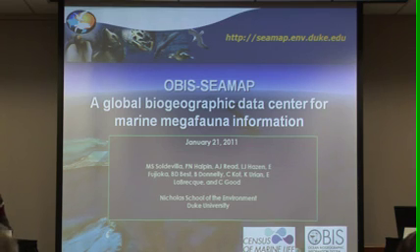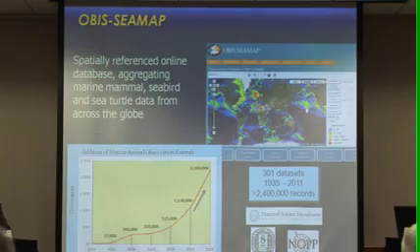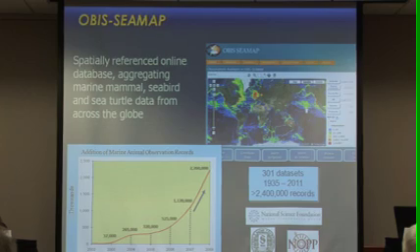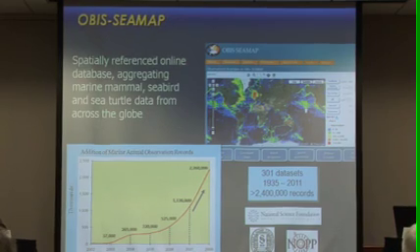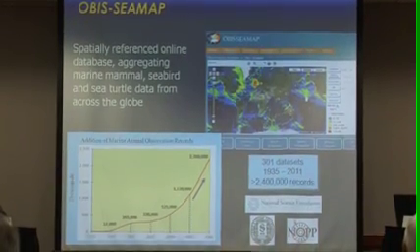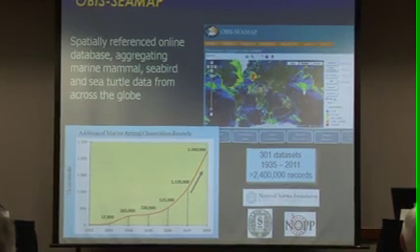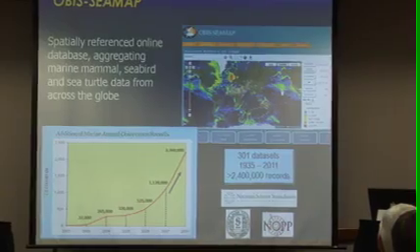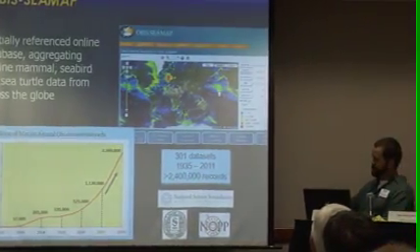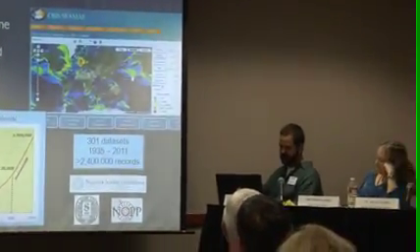And so basically this is a biogeographic database, and this means that we're looking at locations typically of observations. Basically, in 2002, some of my other team members began to notice that there are a lot of researchers out in the world who are doing this marine mammal, seabird, and sea turtle work, and they're all doing it on a smaller scale, and there's a lot of questions on the larger scale about their ecology, about their distribution, abundance, as well as diversity that just can't be answered from these smaller scale projects.